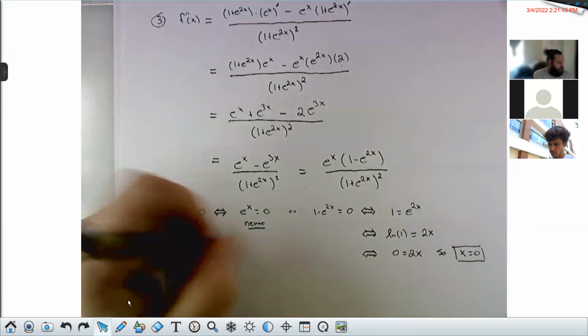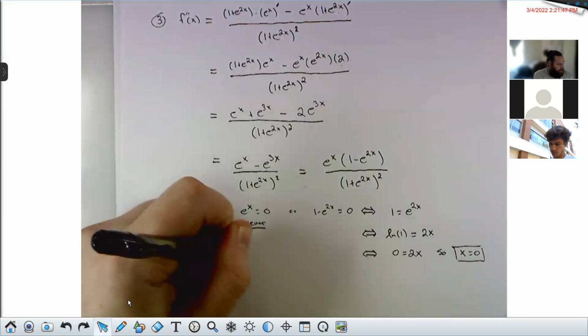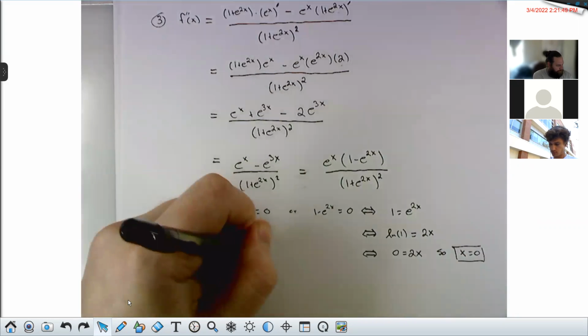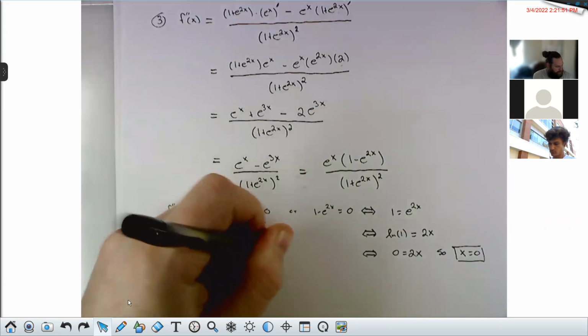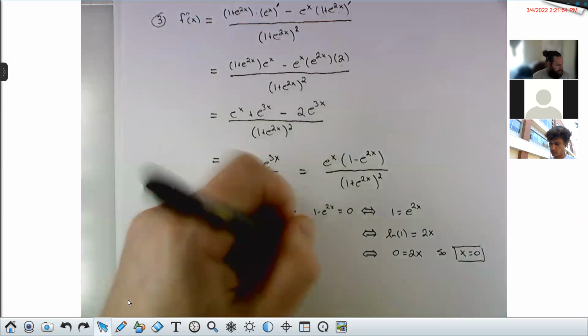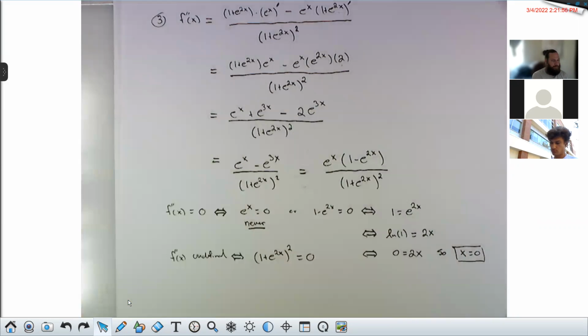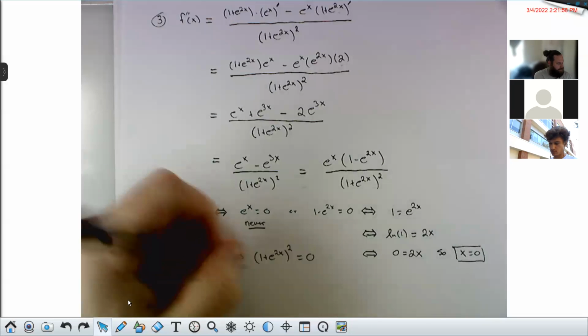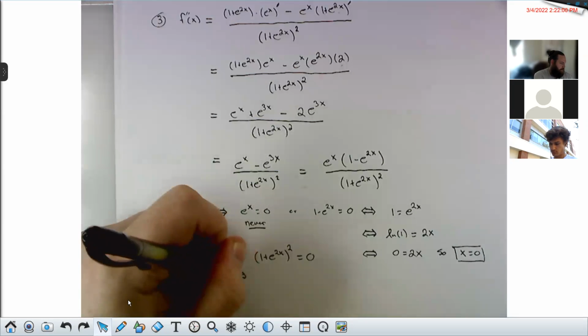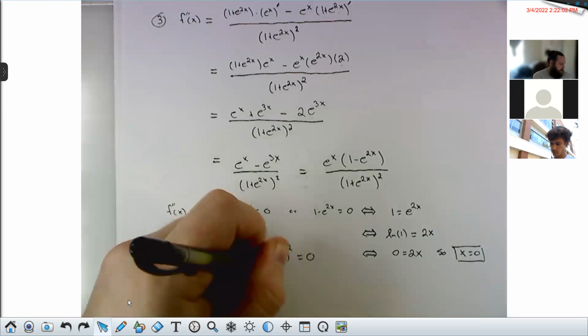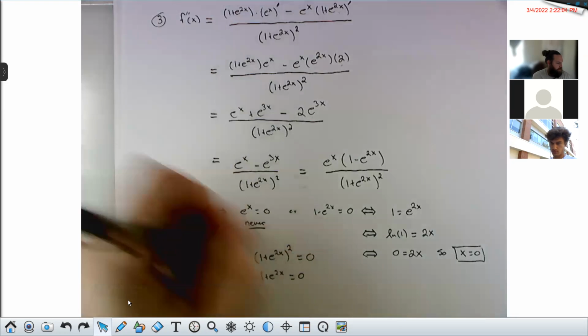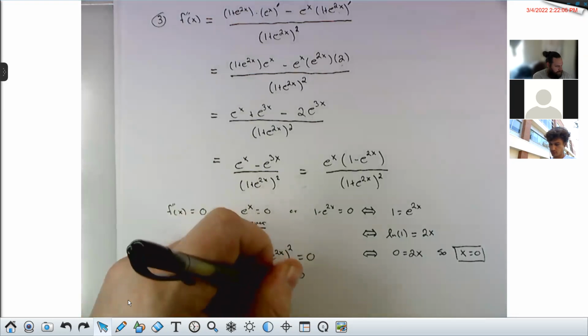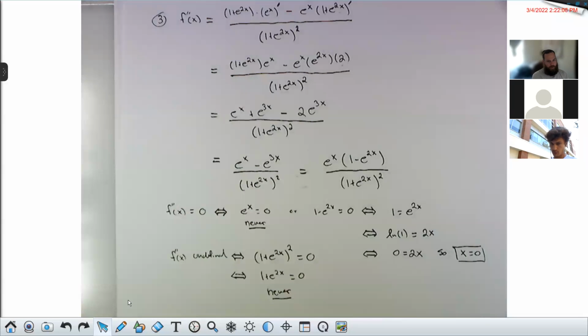F double prime would be undefined if that bottom is equal to 0. But we know this doesn't happen, right? This would be the same as saying 1 plus e to the 2x equals 0. And we just showed in our first derivative work that that never happens.